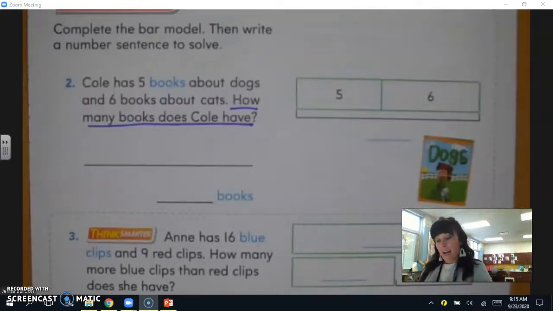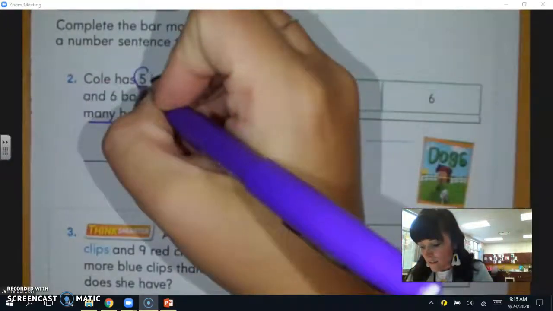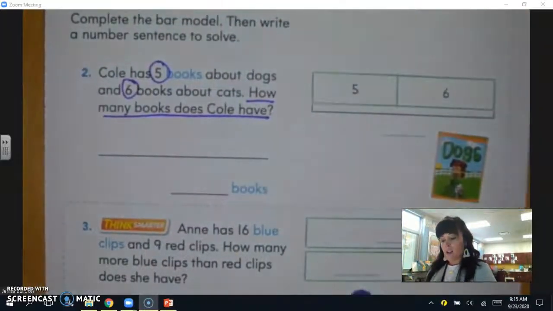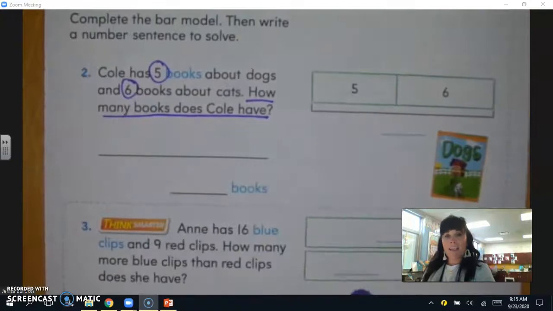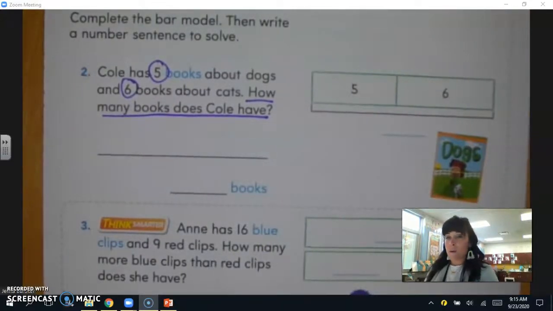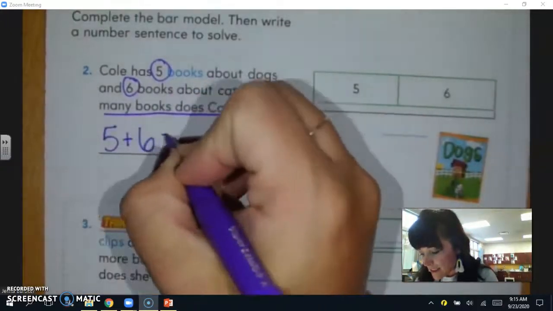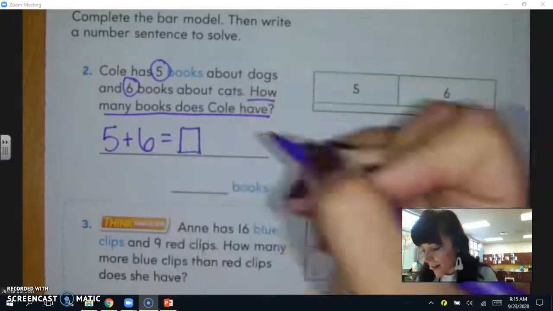Now what numbers are we adding? It says that he has 5 books about dogs and 6 about cats. So those are the 2 numbers we're going to be adding together. And what's awesome about adding is it doesn't matter what order the addends are. It's not like subtraction. Subtraction, it matters. But in addition, it doesn't matter. So I'm just going to do 5 plus 6 equals box.